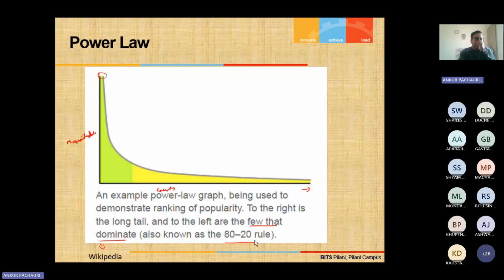The general statement is that 80% of the population is controlled by 20% of individuals, or 80% of wealth is acquired by 20% of industrialists, or 20% of humans throughout the world, something like this. That is the power law.